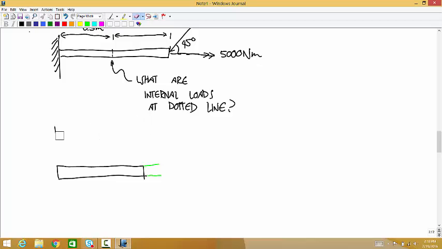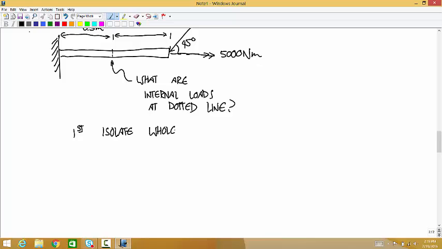First, we have to calculate the external loads at the wall. Okay, so first we're going to isolate the whole beam and calculate the external loads at the wall on the left.